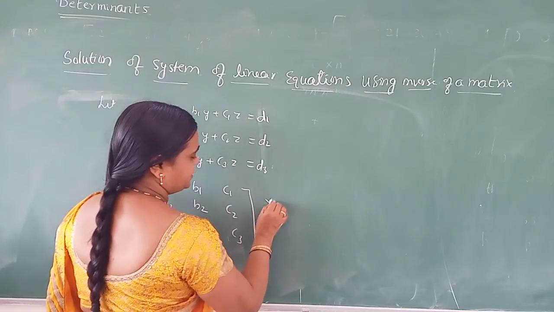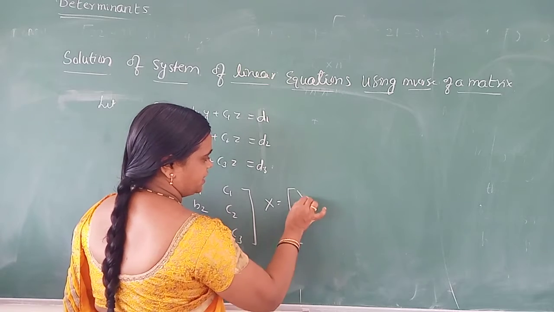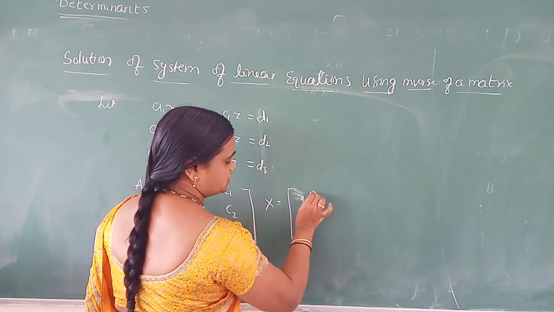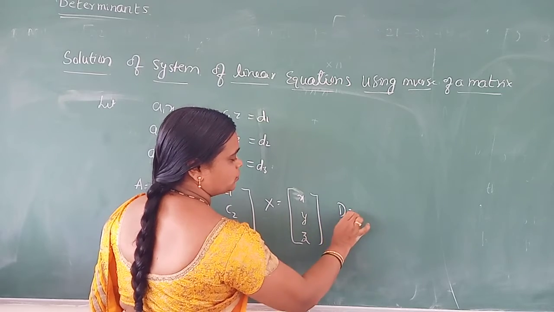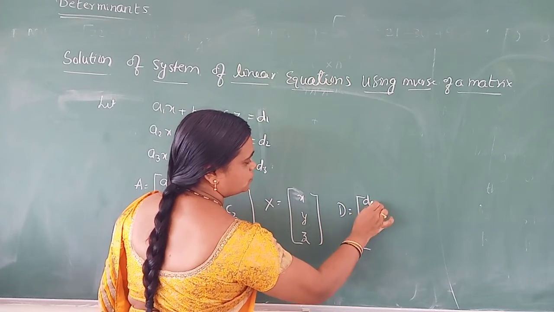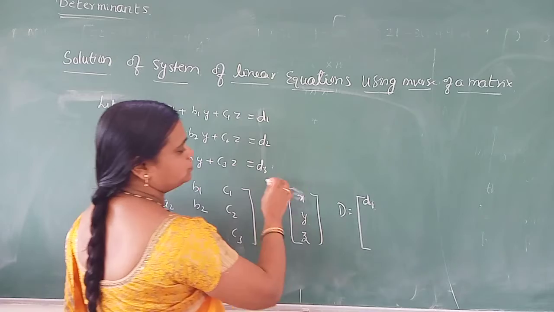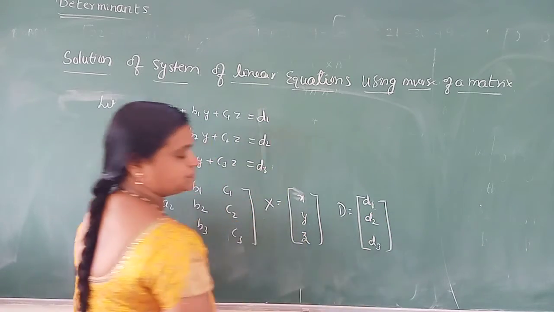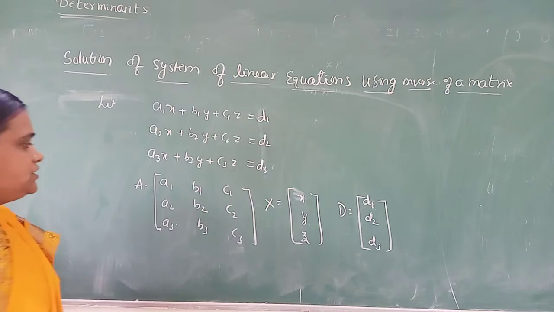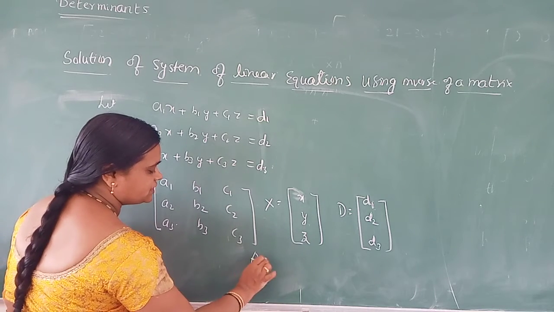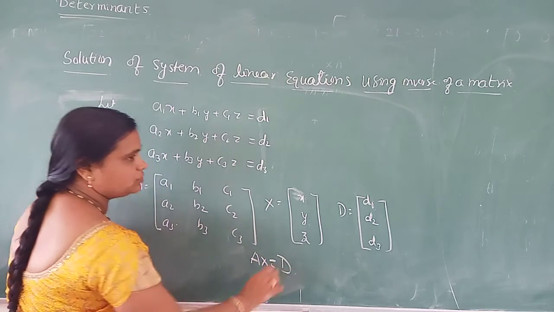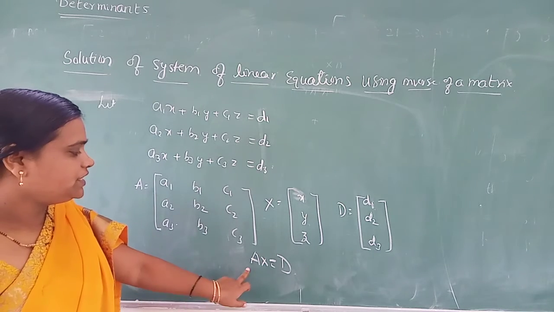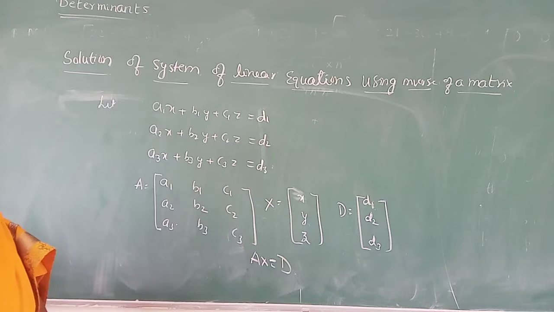Next, we will take X capital letter as x, y, z. And D, you can take D equal to d1, d2, d3. Okay. Next, we can write this as AX equal to D. See, if I write AX equal to D, A into X is nothing but matrix multiplication.